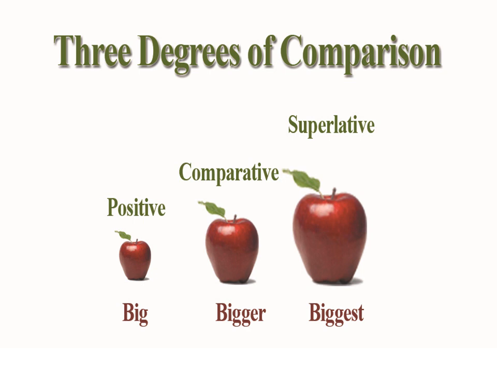Just as an example, if in the positive degree we say big, the comparative form becomes bigger and the superlative form becomes biggest. Now, let's look at all these 3 degrees of comparison with the definition and lots of examples. All right?